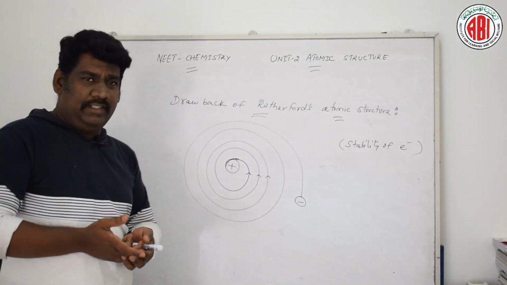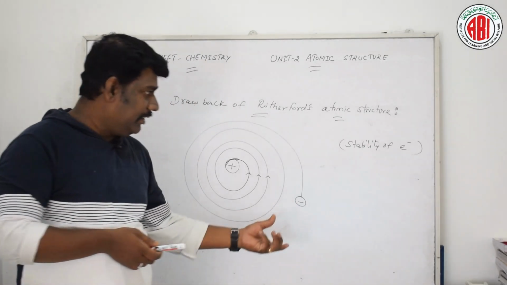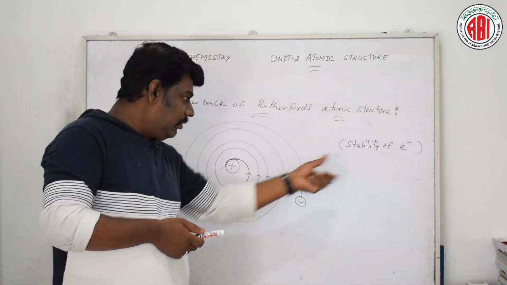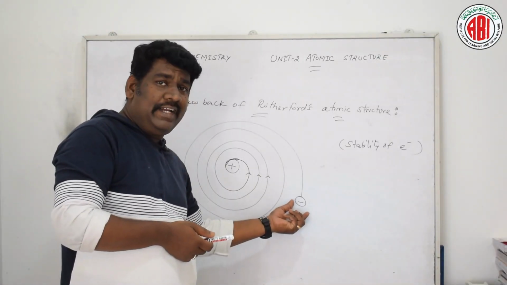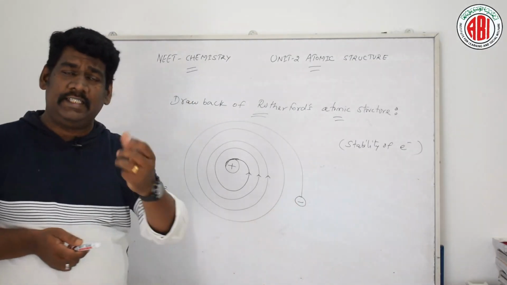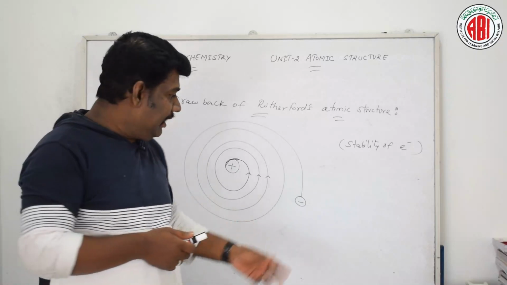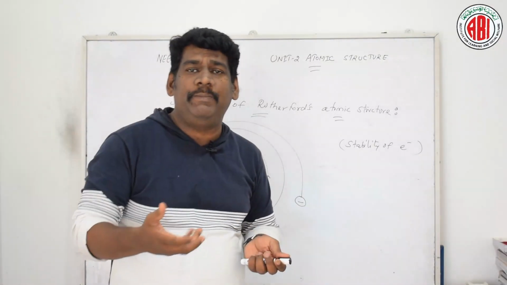The electron is also a charged particle, a charged body, as compared to Maxwell's theory of electromagnetic radiation. What could happen when this charged particle is continuously revolving around the nucleus? It could emit radiation.